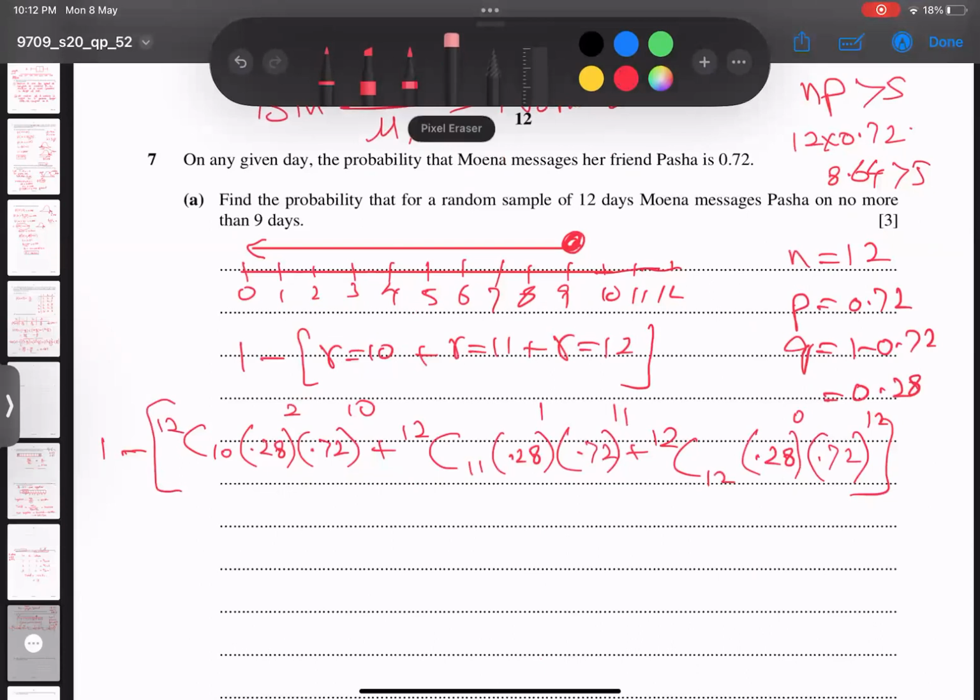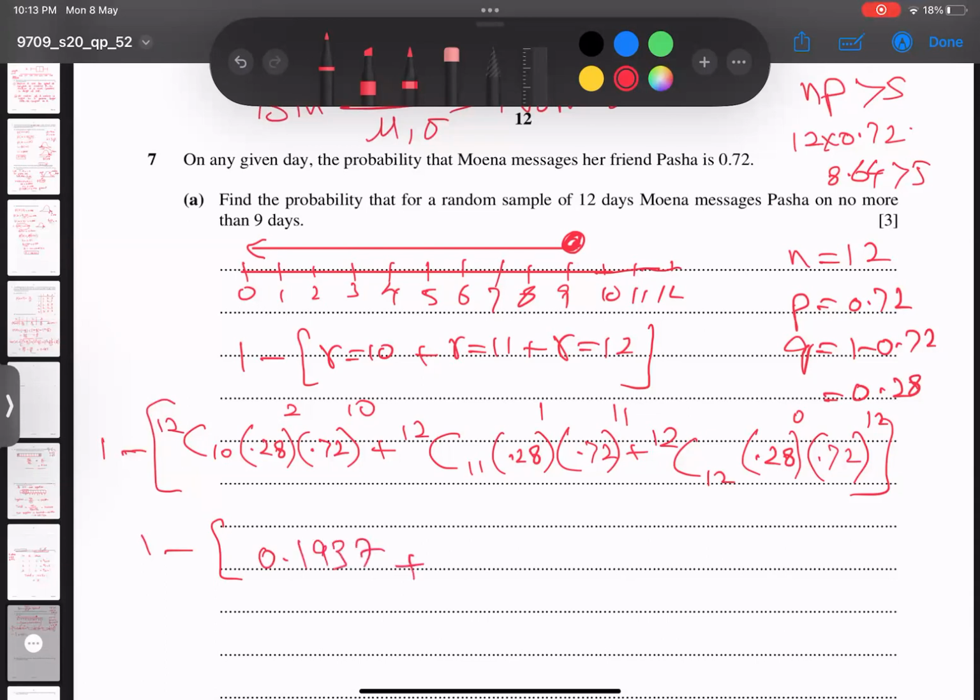Okay, now we need to type in the calculator. Let's type one by one. The answer coming for the first, 12C10 and 0.28 to power 2 and 0.72 to power 10, is 0.1937.